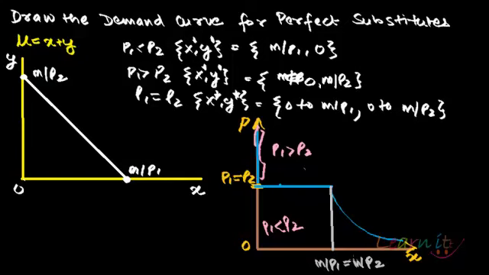And in this range, of course, your P1 is equal to P2. So you understood how the demand curve looks? This blue line is the demand curve for x. So this is the drawing of the demand curve of the perfect substitutes for this kind of utility function. Thanks.